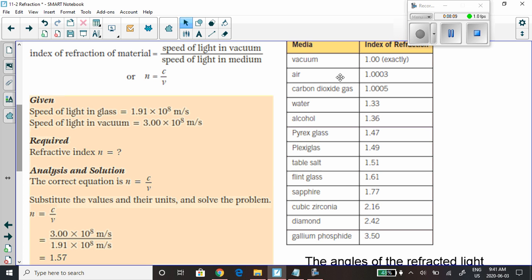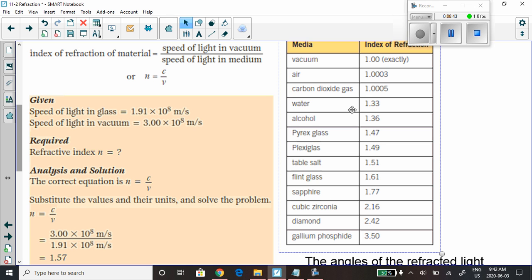So if you take a look here, there isn't much change to the speed of light in air because it's almost equal to 1, right? So the numerator and denominator here would be very close to the same. When you get into water, you get 1.33, meaning the speed of light in vacuum, c, is greater than the speed of light in the water. By how much? Well, when you divide them, you get 1.33, so it's slowed down some.